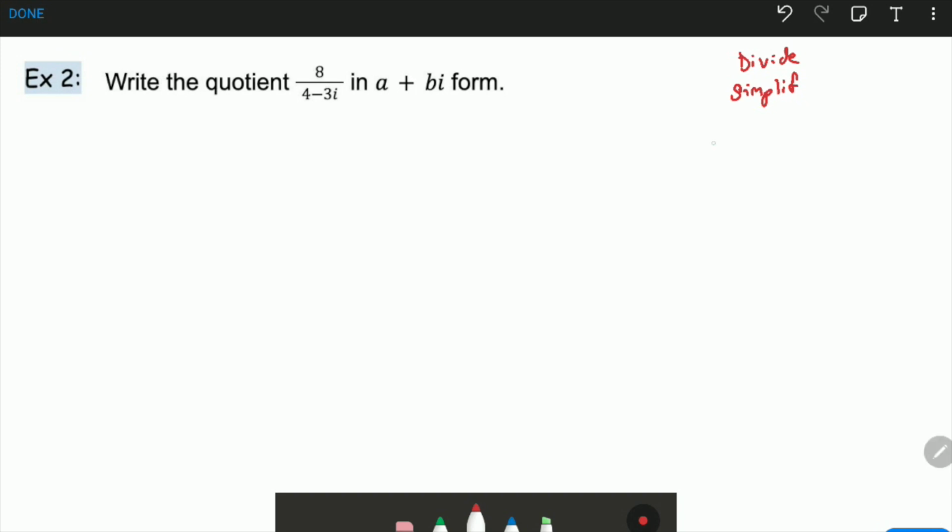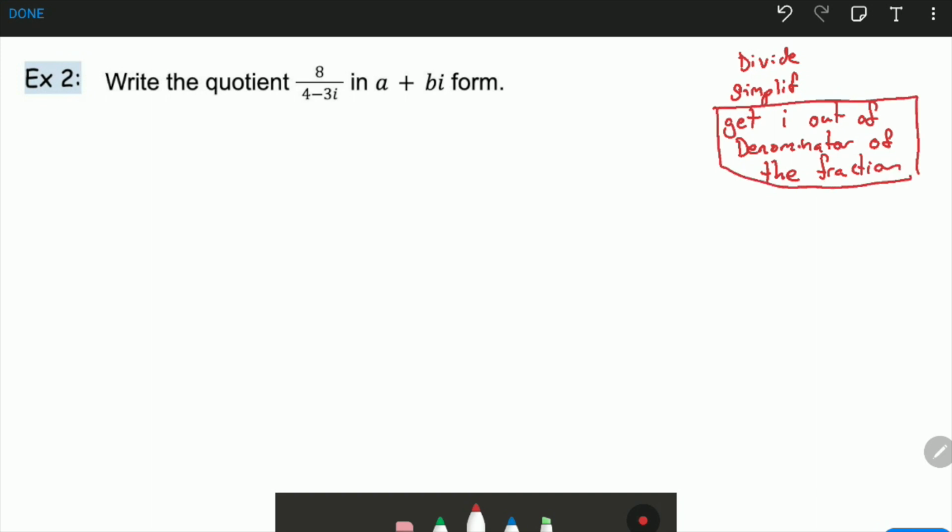It's defined by getting rid of the i out of the bottom, or the denominator, of the fraction. That's how we define simplifying or dividing complex numbers here.